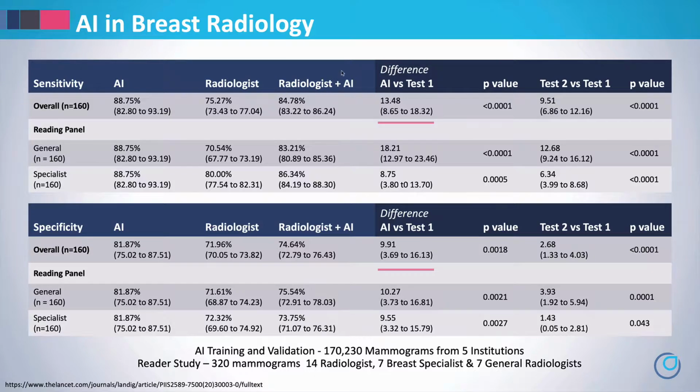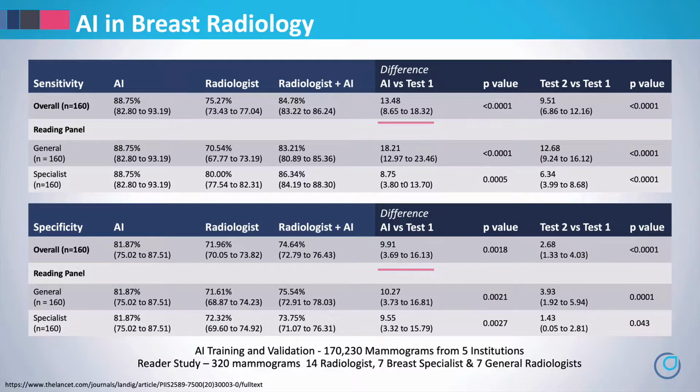And indeed, the sensitivity when you employ AI with radiology goes up by about 13.5%, and the specificity is improved by about 10%. So that's the take-home message from this complex slide, that AI in breast imaging actually can enhance what a radiologist will find.